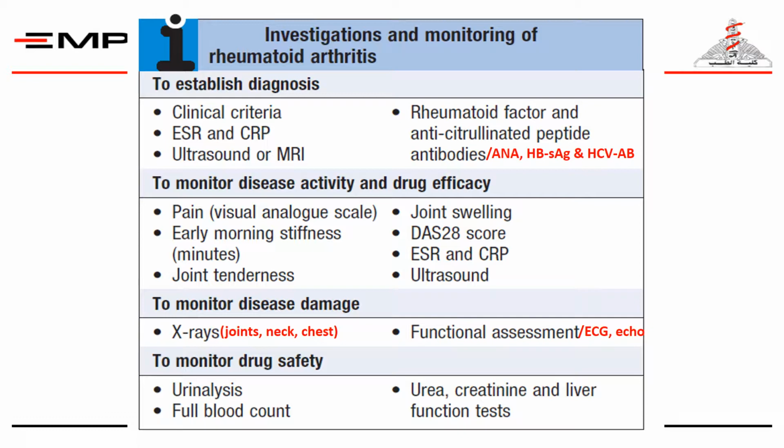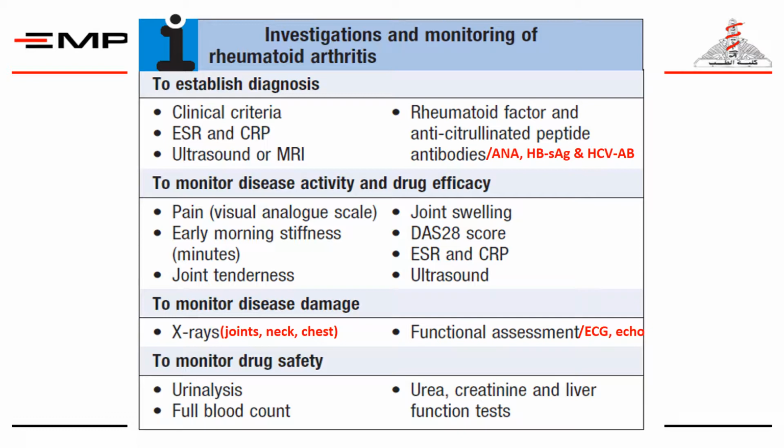One of them or both are positive, but in some cases, about 20%, they are negative. Also, we will ask about ANA and hepatitis B surface antigen and hepatitis C antibody to exclude other causes.